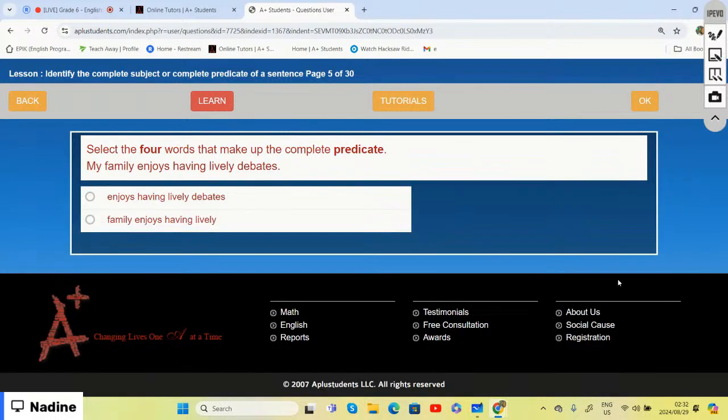All right, let's do one more. It says select the four words that make up a complete predicate. Four words.